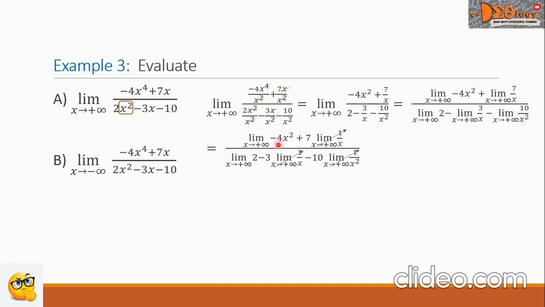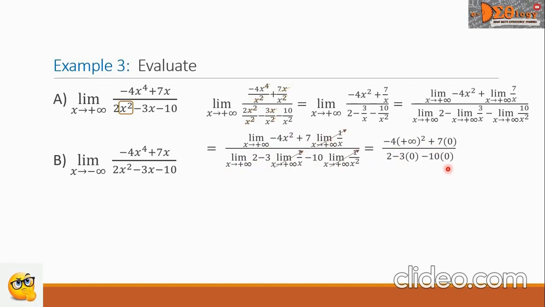So the limit of negative 4x squared as x approaches positive infinity, we can show that this is negative 4 times positive infinity, and this is squared, plus 7 times 0 all over the limit of a constant 2 as x approaches positive infinity is equal to 2, minus 3 times 0 minus 10 times 0.